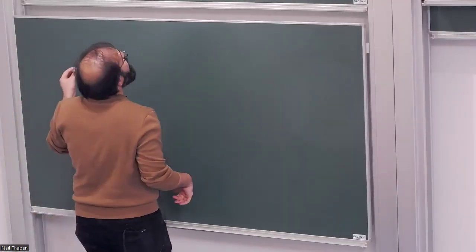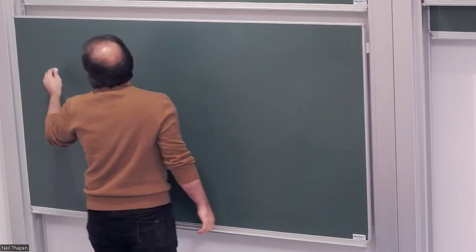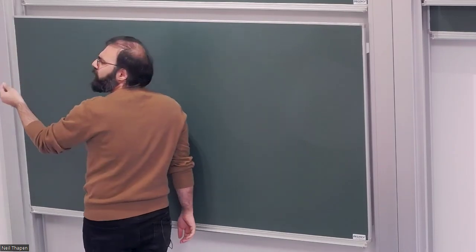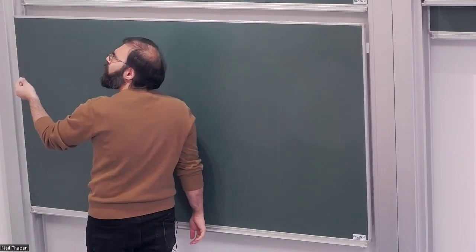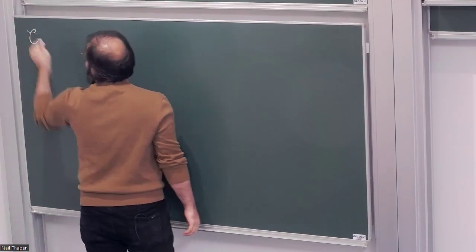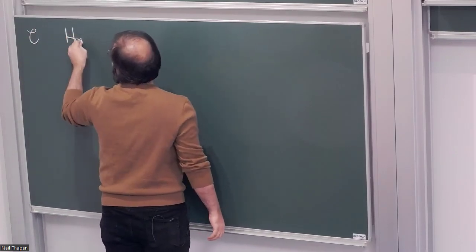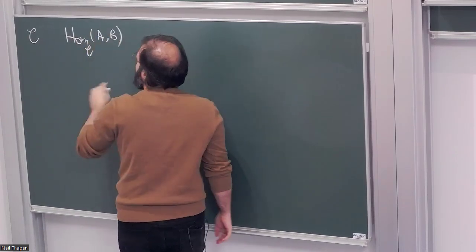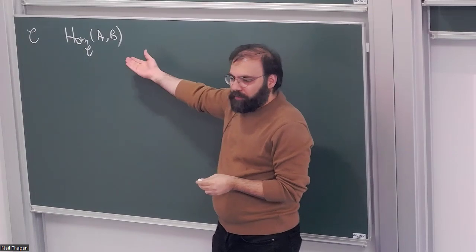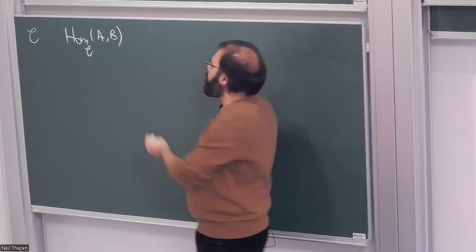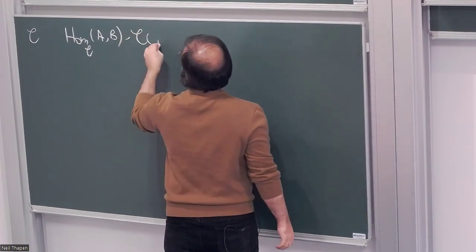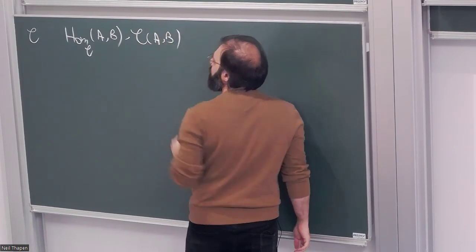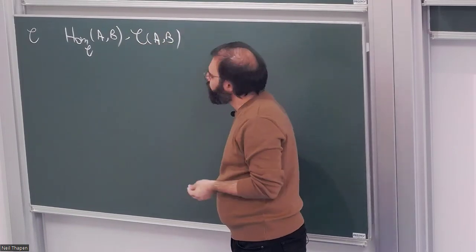I'm simply saying, okay, I guess I didn't even mention that. If you have a category C, by hom indexed C of A and B, I mean the class of all maps from A to B. Sometimes people write C of A, B, with different names.